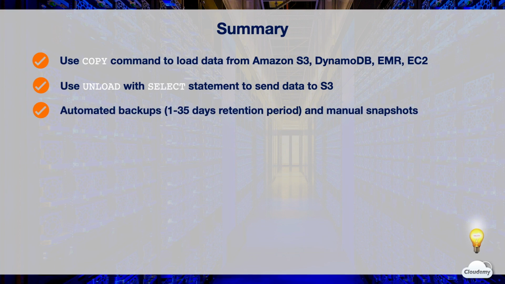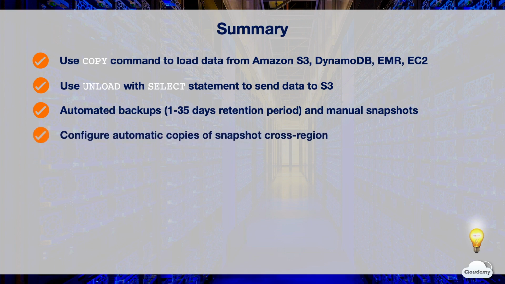By default, Redshift enables automated backups of your cluster with a 1-day retention period. You can configure it up to 35 days. You can also take a manual snapshot at any time. By default, manual snapshots are retained indefinitely, even after you delete your cluster. You can configure Redshift to automatically copy your snapshots to another AWS region for disaster recovery.